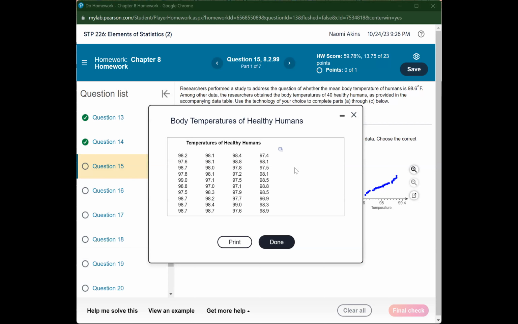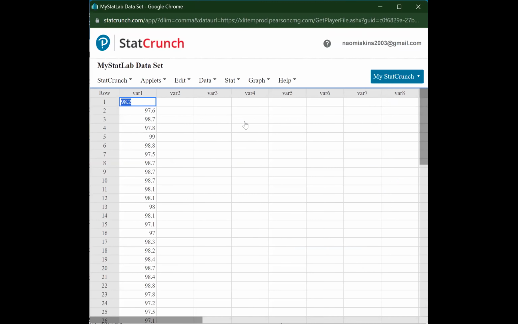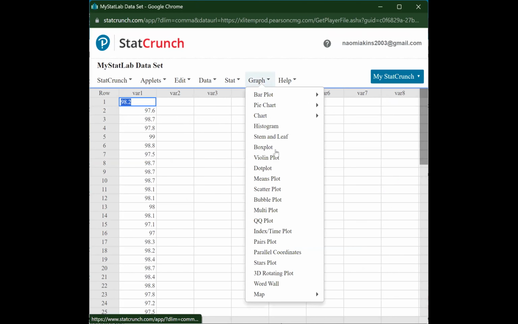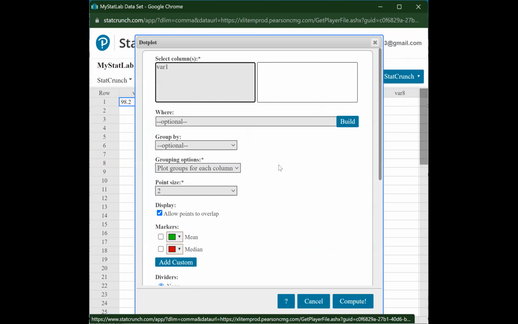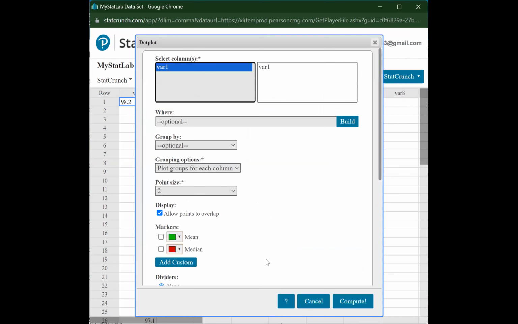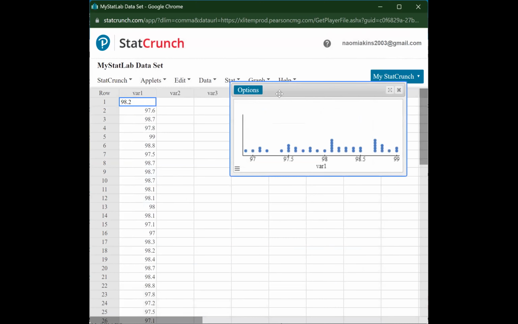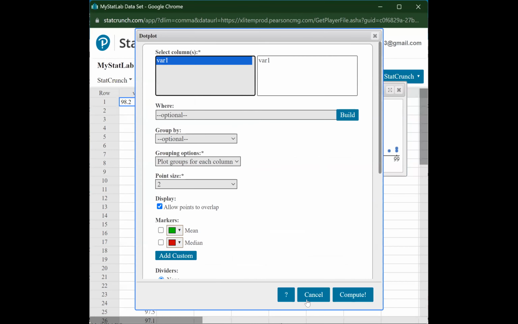I know you can't see that, so let me go to that window. All right, so you're seeing the StatCrunch window. Yeah. So you can graph this, and we just want to do basically a dot plot of the data. You choose the data value, hit compute. Sorry, that's not what I wanted.